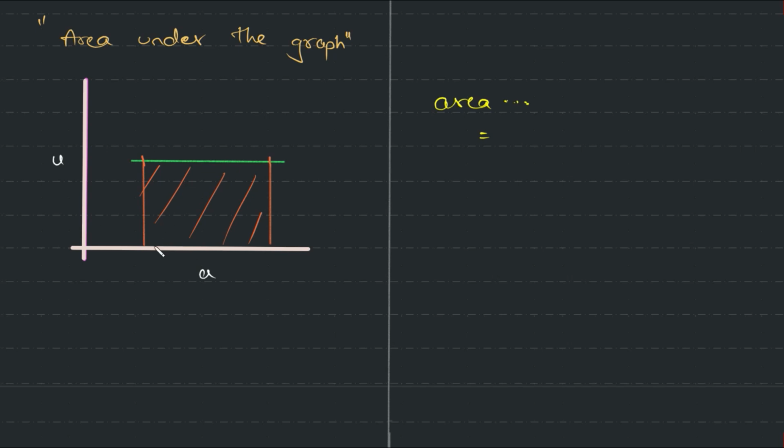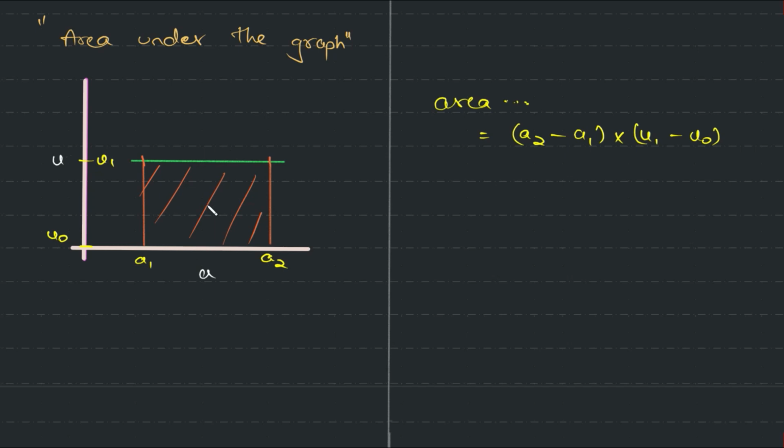It's nothing but your length, in this case A1 and A2, so A2 minus A1, times your height, in this case U1 minus U0. Say this is U0. That's the area under the graph.